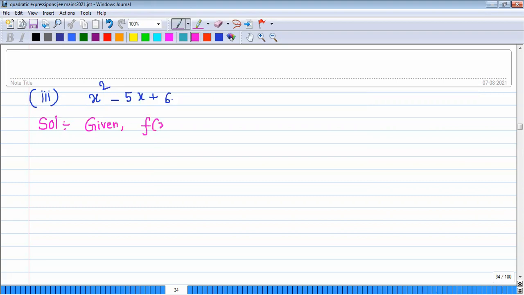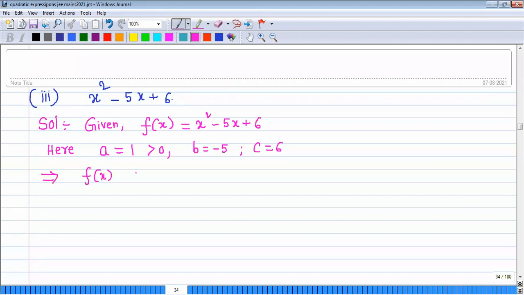So f of x equals x square minus 5x plus 6. Here a equals 1, which is greater than 0. b equals negative 5, c equals 6. That implies f of x has minimum.